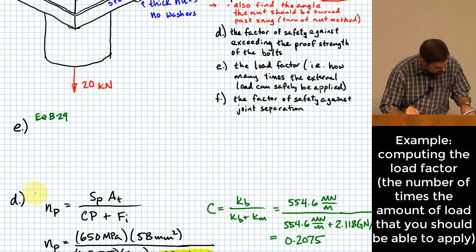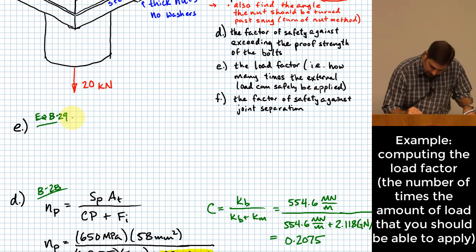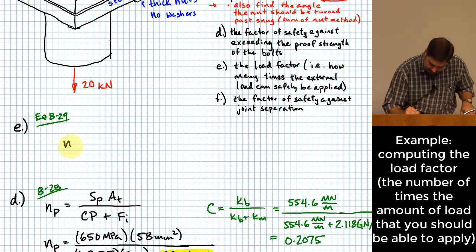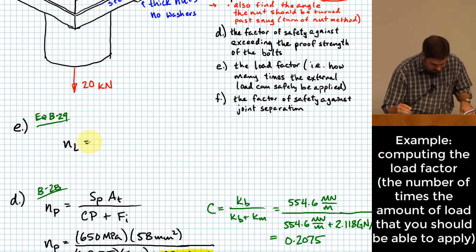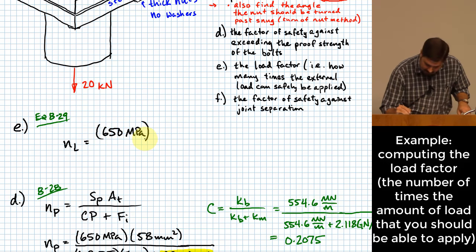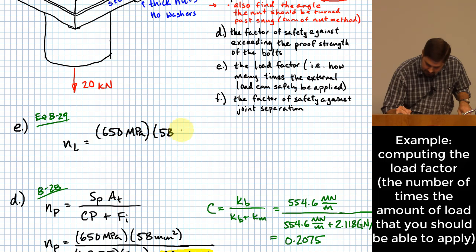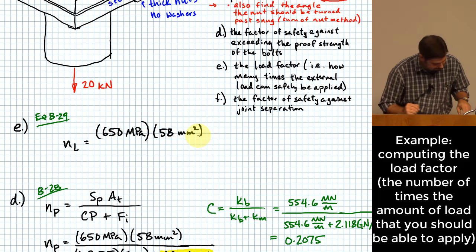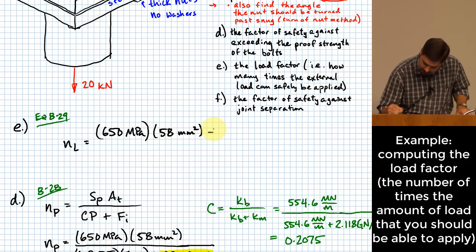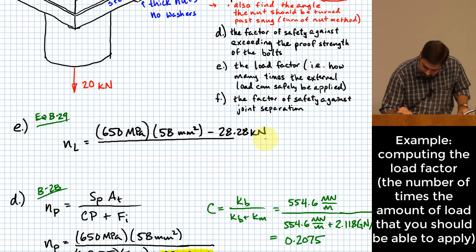Equation 829. Just for note, this down here was 828. Equation 829 says N sub L is equal to S sub P, which again was 650 MPa, times A sub T, 58 square millimeters, minus your preload, which would be 28.28 kilonewtons.